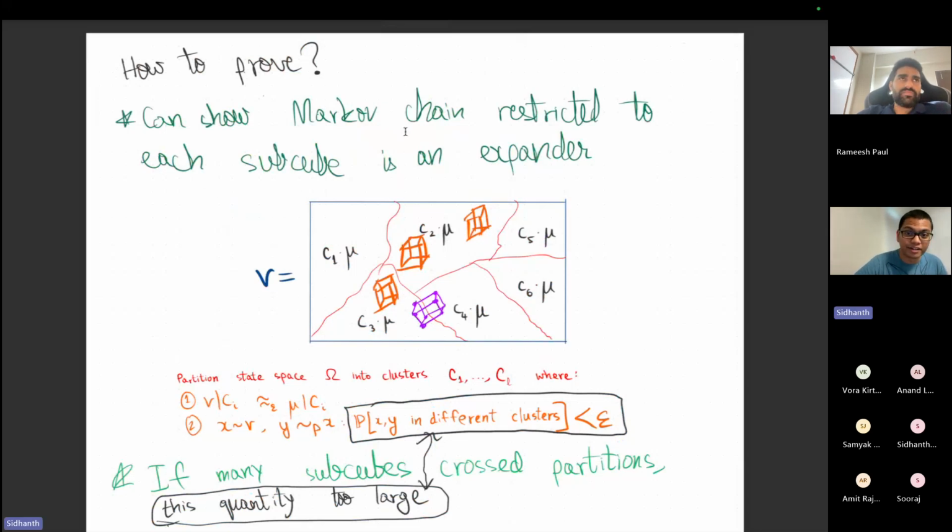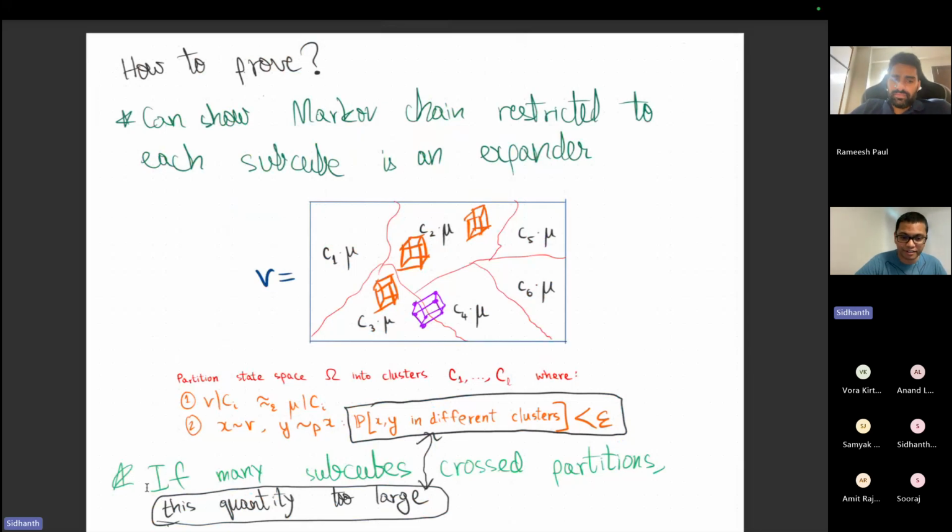Okay, so now why is it the case that if a subcube is an expander, it has to live within a cluster? Why can't it be the case that the subcubes straddle two clusters like this purple cube that I drew here?